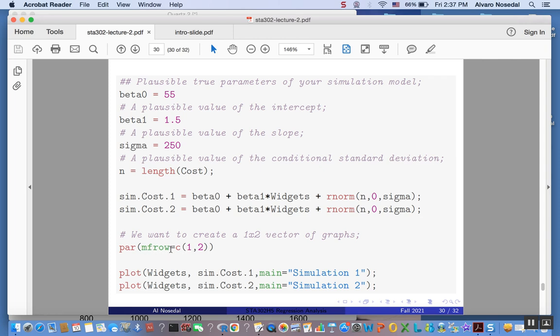This mfrow command is telling R that we want to create a matrix of graphs with one row, that's what the first number represents, and that 2 represents the number of columns that we want in that matrix of graphs. So we're going to be plotting these two scatter plots at the same time for both our simulations.